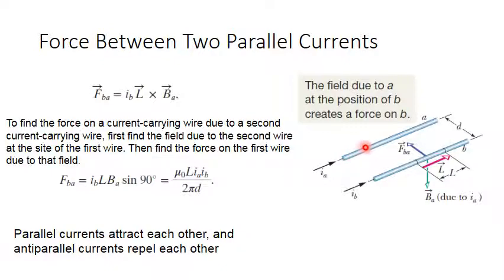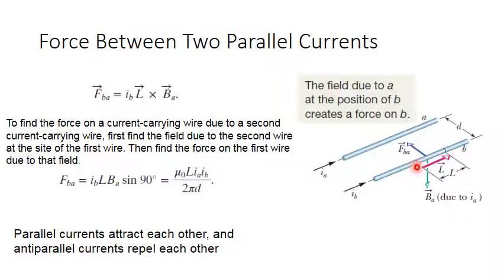Now, according to the direction, the magnetic field due to the current at the wire A will be normal to the direction of the current IB, because these two wires are parallel. So in this case, the angle between the magnetic field BA and the current IB is 90 degrees.